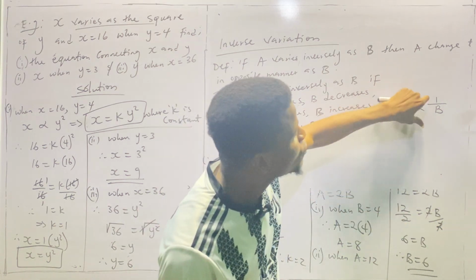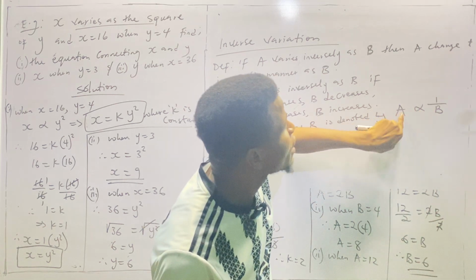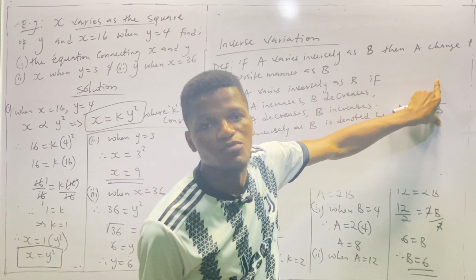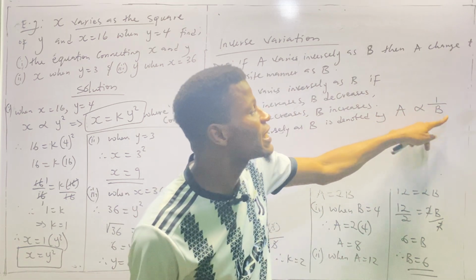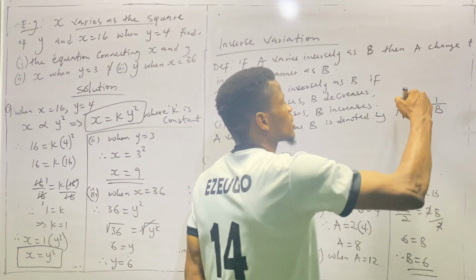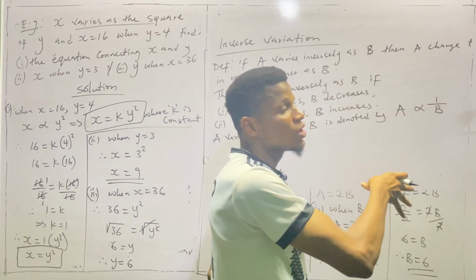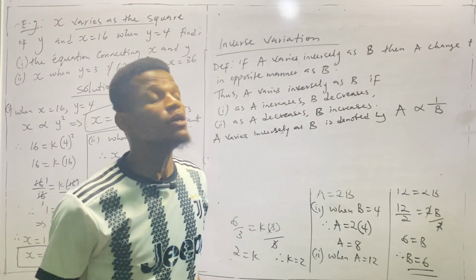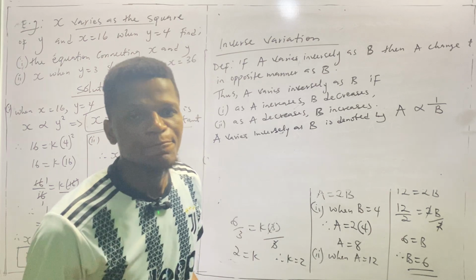If you assume that 1 over B is a quantity, then A is in direct variation with this quantity, the inverse of B. So as A increases, B decreases, because B is at the denominator now. If B is at the numerator, that means they vary in the same manner. But because B is at the denominator, they vary in opposite manner.